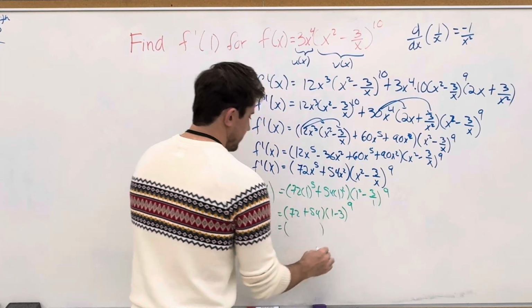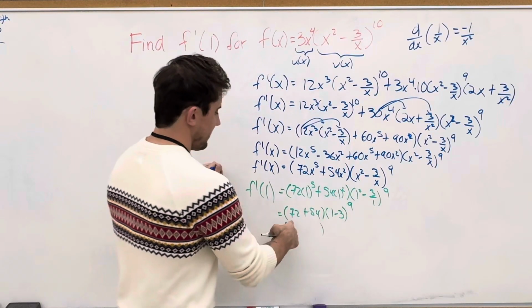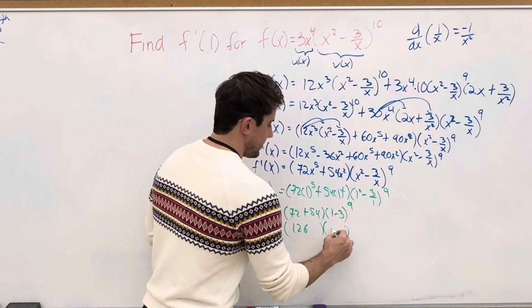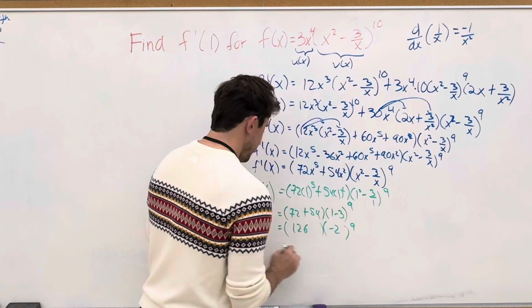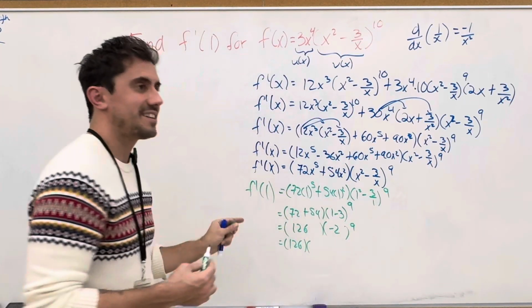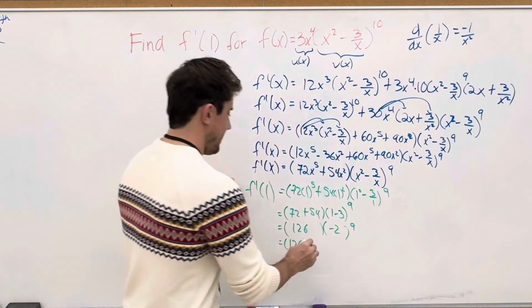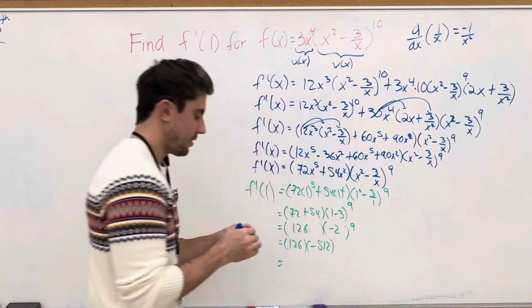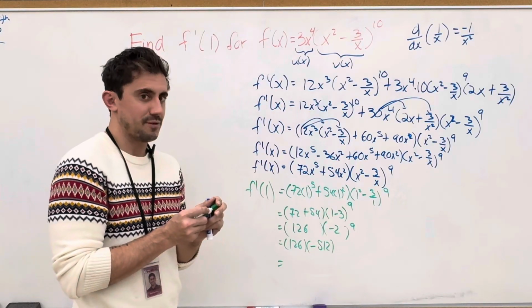And so this is not going to be that straightforward. 72 plus 54 have a sum of 126. This is going to be negative 2 to the 9, meaning 126 times negative 512. And so the slope of our tangent line, I'm going to run and grab a calculator.